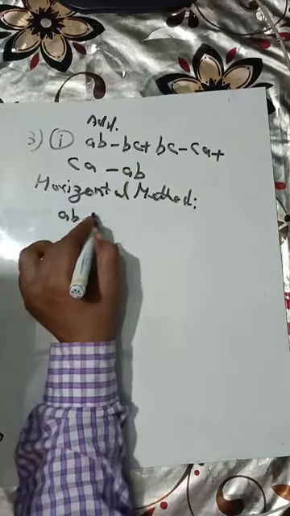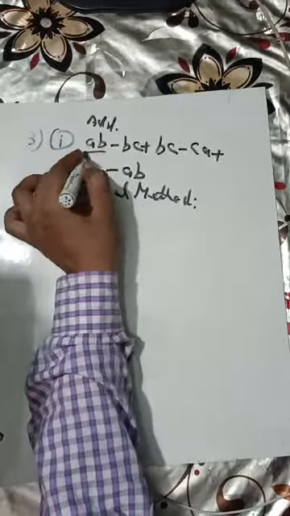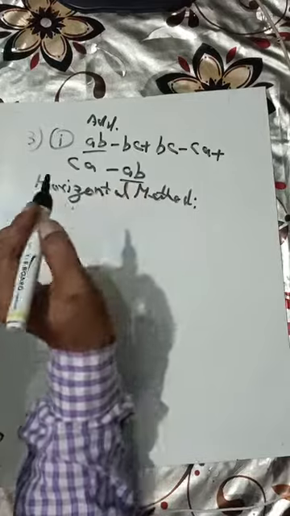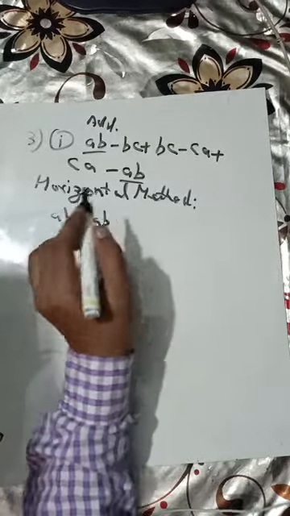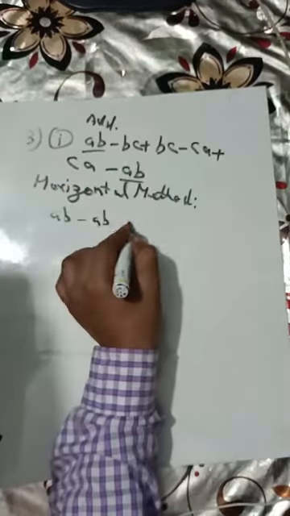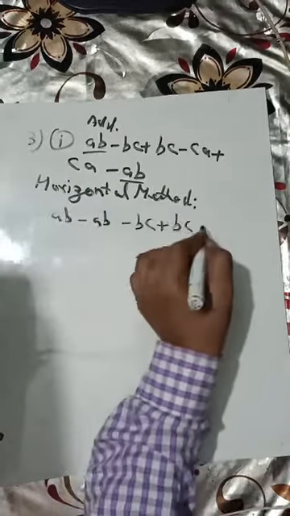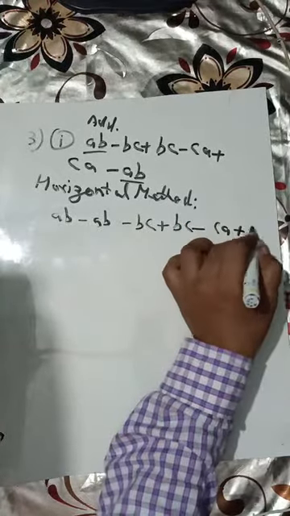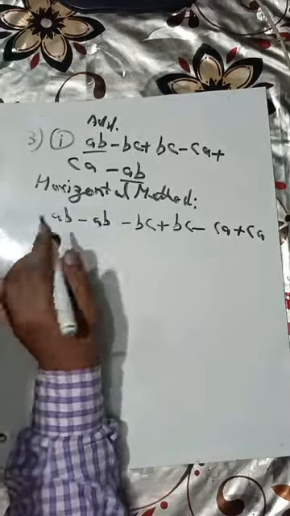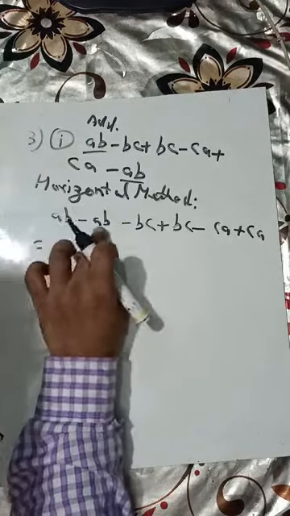See, AB minus BC, it will be written like this. Now look at this. This AB is going to solve with AB here. So let us write side by side. AB minus AB. This BC is going to solve with BC. So it is already together. And this CA is going to solve with CA. Now when we talk about this result, the result will be AB.